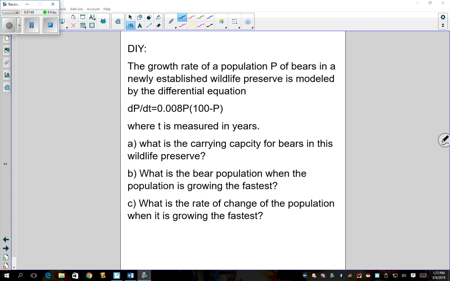A, what is the carrying capacity for bears in this wildlife preserve? B, what is the bear population when the population is growing the fastest? And C, what is the rate of change of the population when it is growing the fastest? So go ahead, I'm going to pause the video, see how much you can get for this one. This one's a little bit different than the one we did before. So I'm going to write down the answers and then go through the solutions with you.